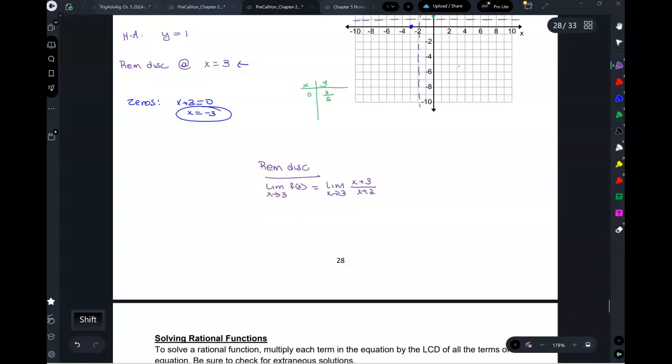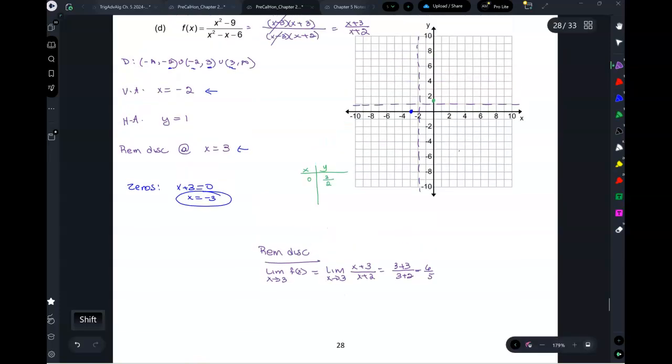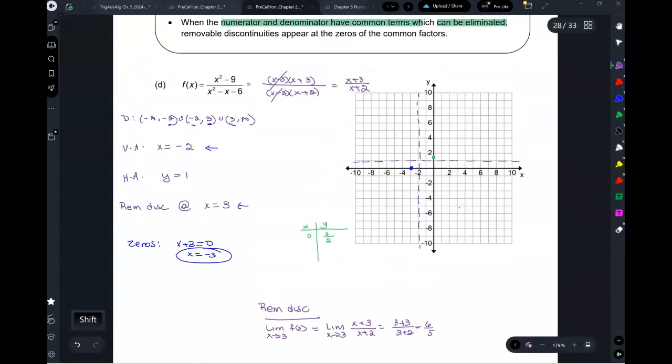So now what we're going to do is just plug in the 3. So 3 plus 3 over 3 plus 2, 6 over 5. Okay? So at x equals 3 and y equals 6 over 5, 1 and 1/5, is where the removable discontinuity is. So now I know this is going to come this way, hit that point, hit this point, and then follow the asymptote.